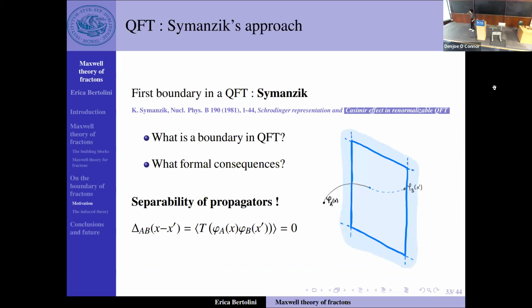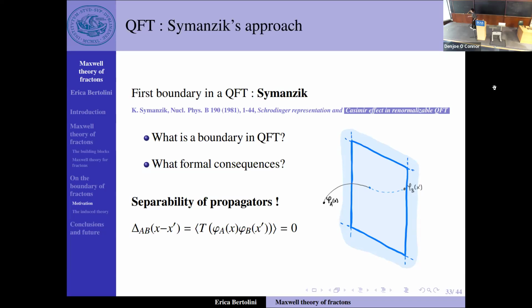From the QFT side, the first work concerning QFT with boundary was done by Symanzik concerning the Casimir effect, who was thinking about what a boundary in QFT is and what the formal consequences of the boundary were, thinking of a double-sided boundary.